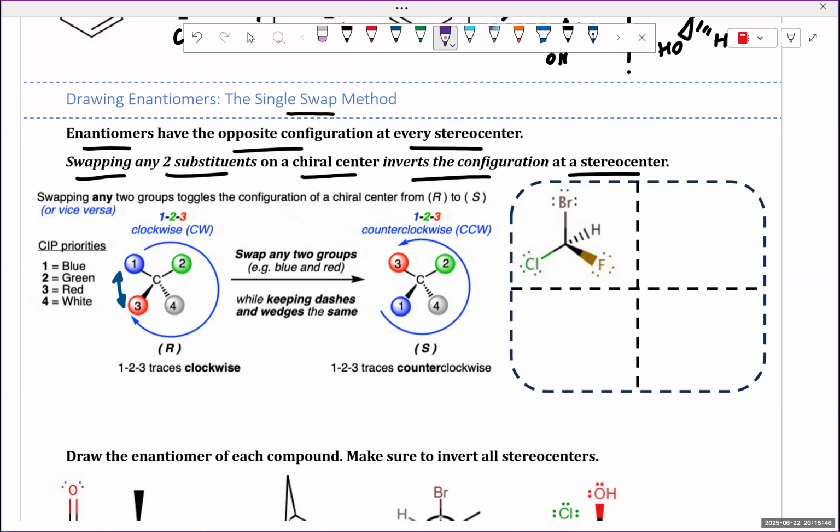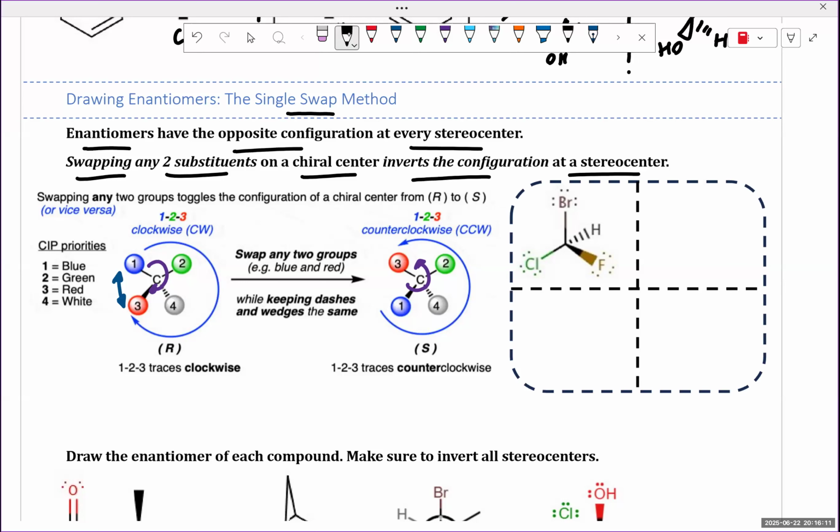As you can see, if we count 1, 2, 3 in the first case, we're moving clockwise from 1 to 3. After the swap, if we count 1, 2, 3, we're moving counterclockwise, which we call S. We'll talk more about configuration assignment later on.